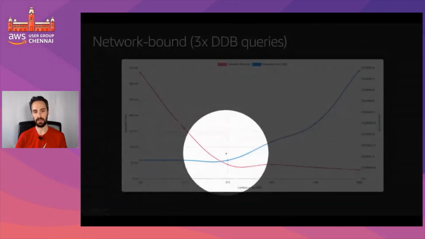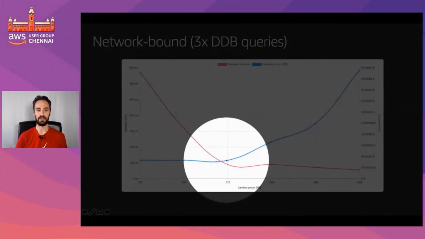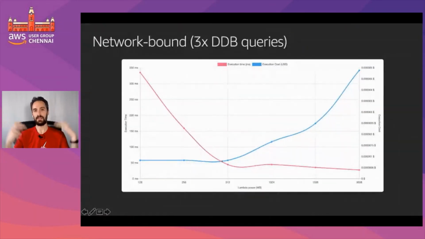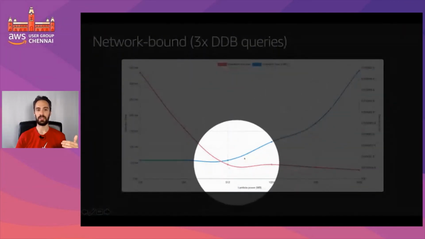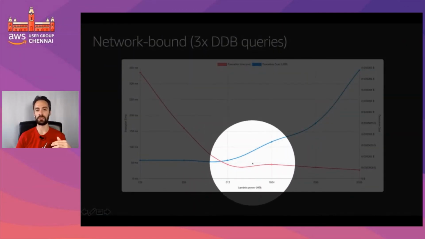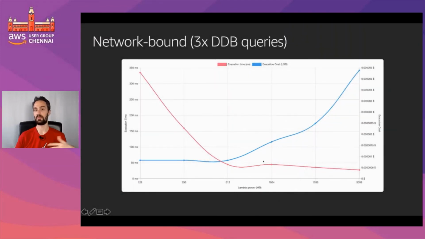And if I double the power again, similarly, I am below 100 milliseconds. So I'm still halving the execution time and doubling the power, so the cost is the same. After this, there is actually no way to make it cheaper or to be in the same interval because the execution time cannot go any lower than 100 milliseconds, you're kind of done.